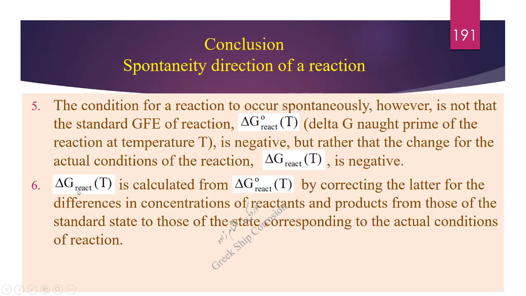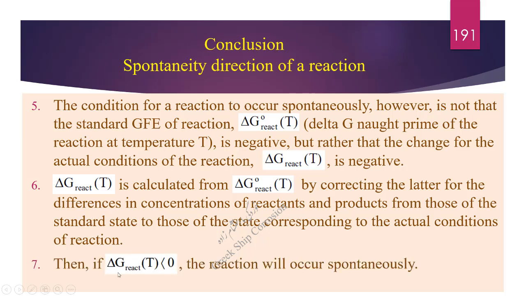The Gibbs free energy of the reaction at temperature T is calculated from the standard Gibbs free energy of the reaction at temperature T by correcting the latter for the differences in concentrations of reactants and products from those of the standard state to those of the state corresponding to the actual conditions of reaction. Then, if the Gibbs free energy of the reaction at temperature T is less than 0, the reaction will occur spontaneously.